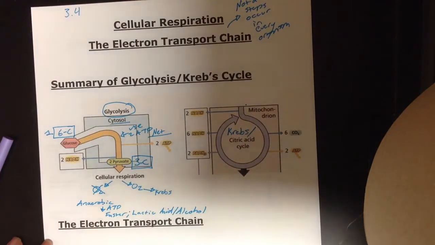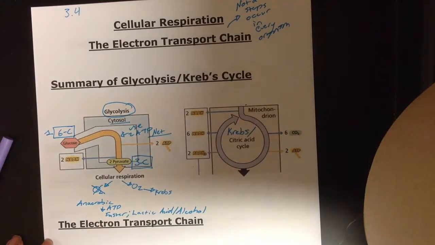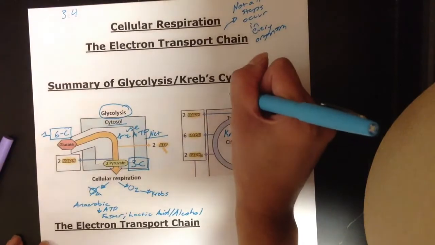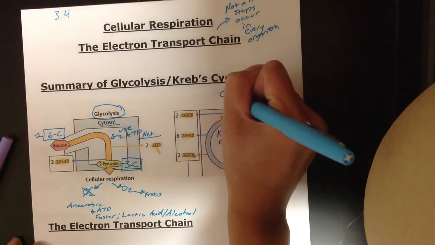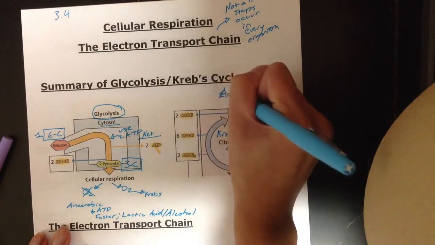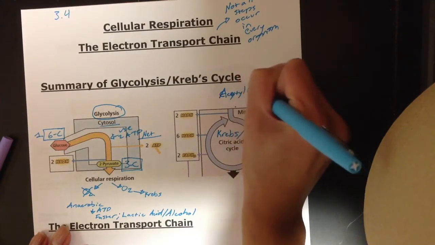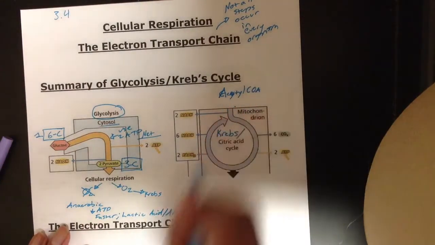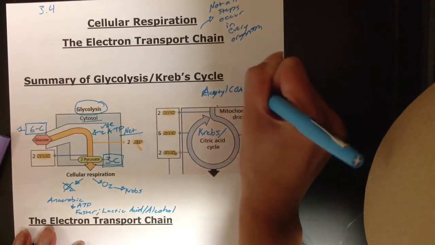Remember, though, that our pyruvate does have to get changed, and it does actually have to be converted into our acetyl-CoA molecule. Okay, when we have our acetyl-CoA molecule, a reminder again that this is a 2-carbon molecule.